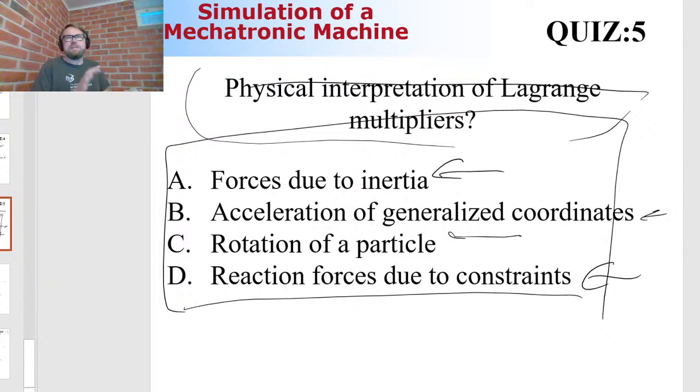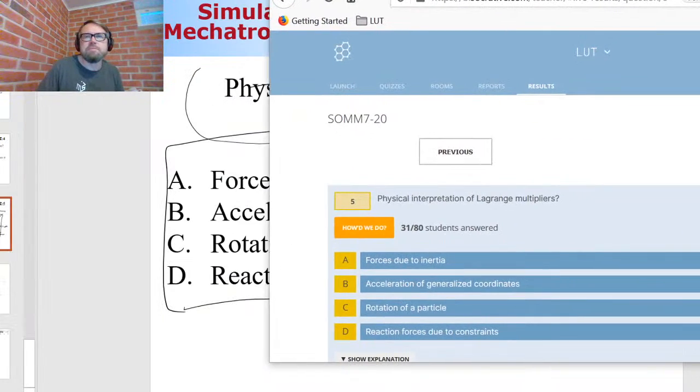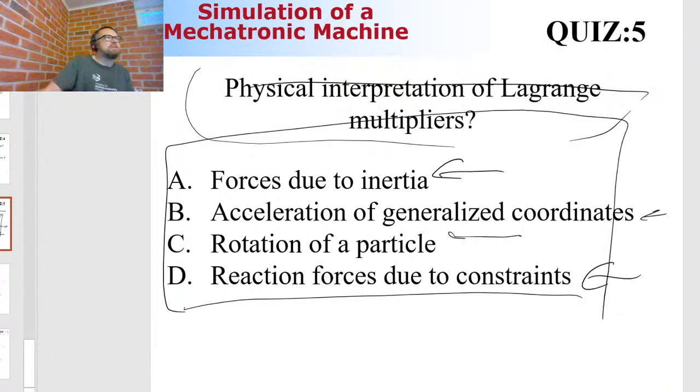But back to this. The last in-class quiz for today is the physical interpretation of Lagrange multipliers. So go ahead and enter your answer. Quite many students are still thinking about that. Again, somebody is proposing that rotational particle would be a safe choice.